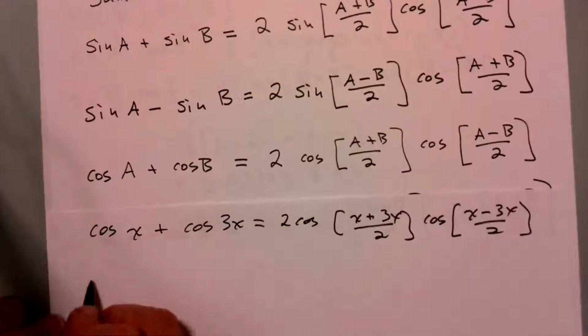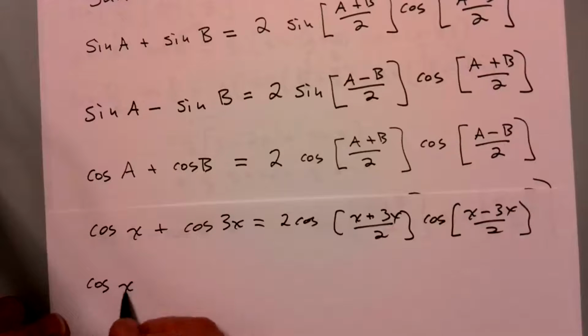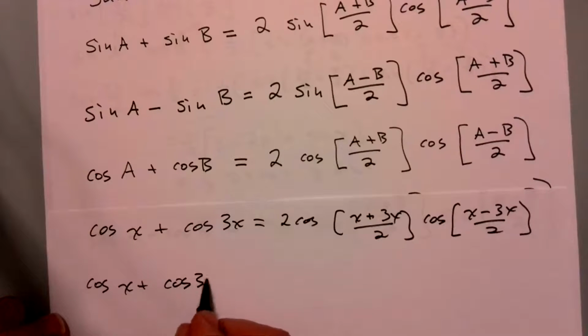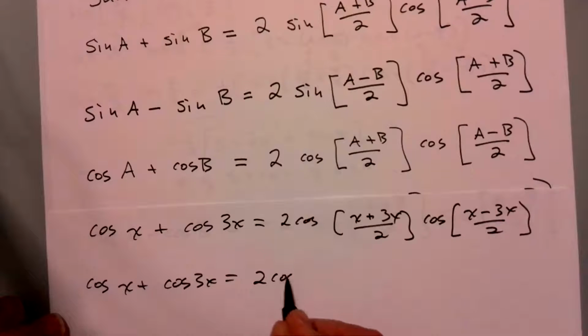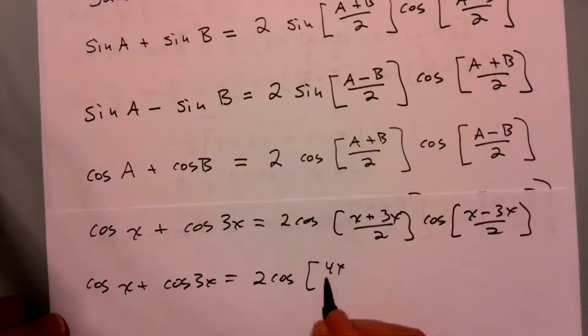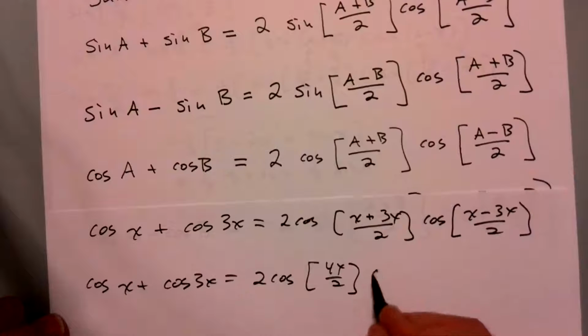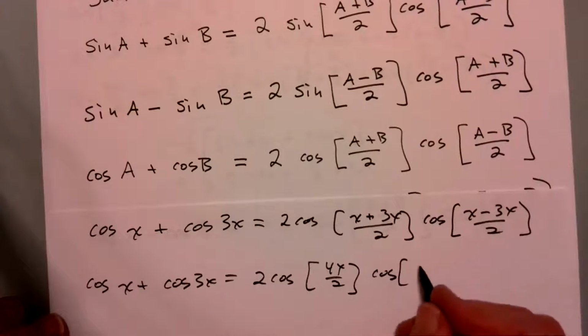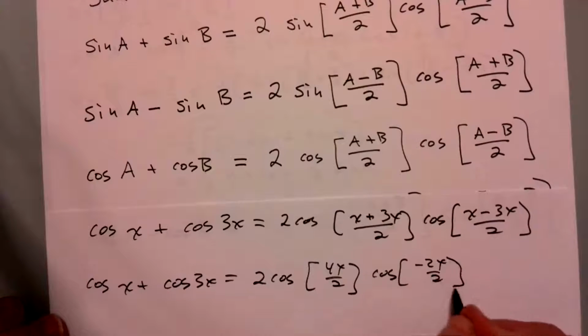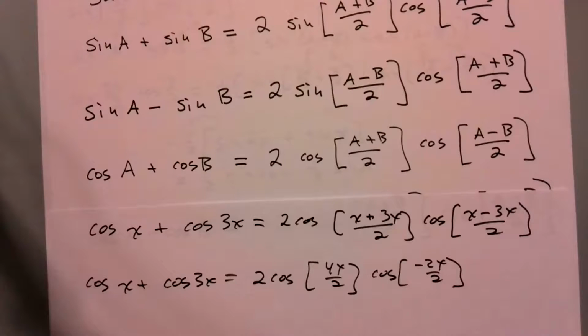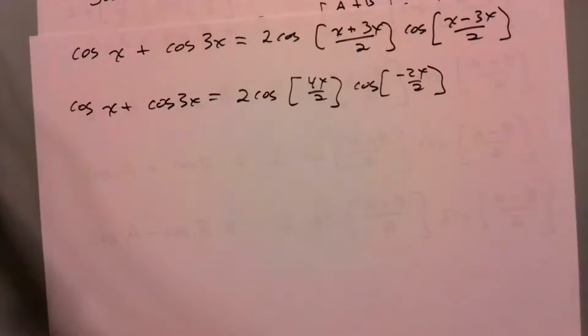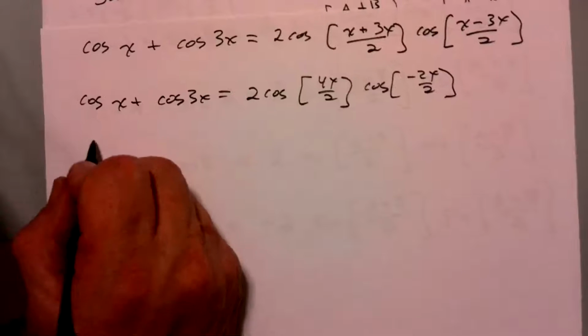So what does this become? Cosine of x plus cosine of 3x is 2 cos. 1x plus 3x is 4x, so 4x over 2. 1x minus 3x is negative 2x over 2. And then we can continue this to the end.